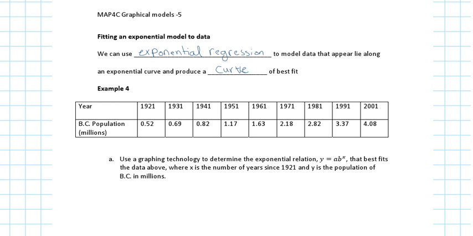If the question says find me a line of best fit, you're going to have to find a line of best fit, even if you think a parabola or an exponential would look better. You have to read carefully what the question is asking you for. The question might ask you to find a line of best fit and a parabola of best fit. Then you have to do both.